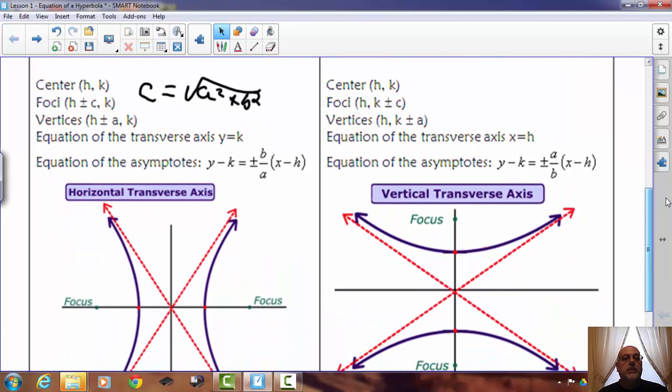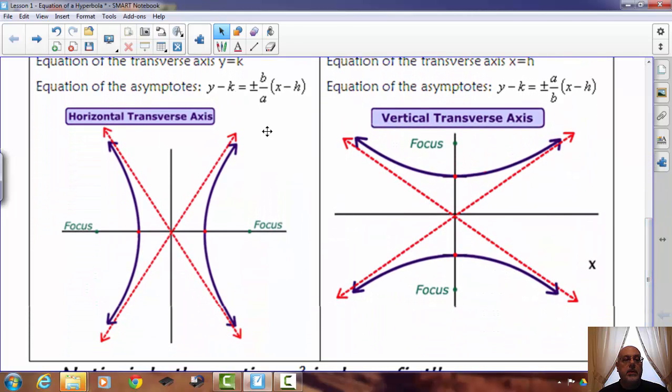Now it talks about the equation of the asymptotes. The asymptotes are the red dotted lines here, and they cross at the center of the hyperbola. The center is the midpoint of the two focus points. It's also the midpoint of the two vertices. So the two asymptotes cross there.